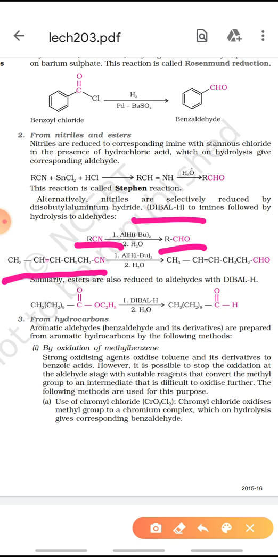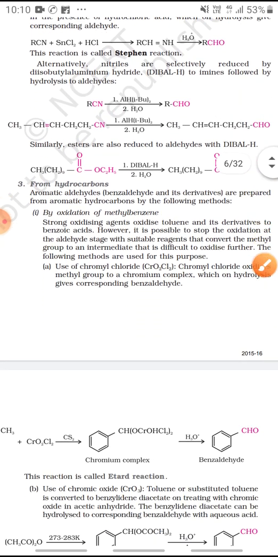It does not affect the presence of the double bond and converts it into an aldehyde. You have to remember that esters can also be converted to aldehyde using DIBAL-H, that is diisobutyl aluminium hydride.